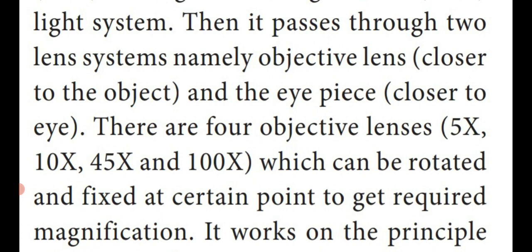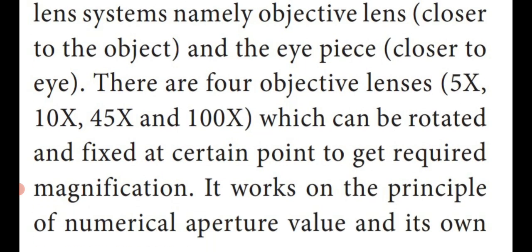If we want to change the magnification size of an object, we have to change the lenses. Then only can we see the object present in the microslide on the platform. These four objective lenses are rotated and can be fixed at a certain point to get the required magnification.